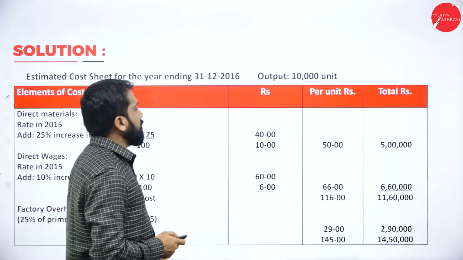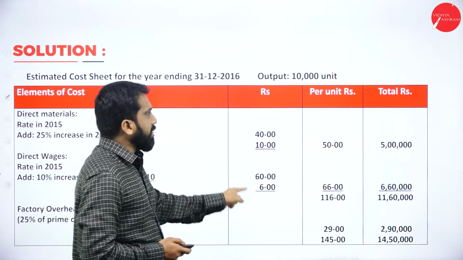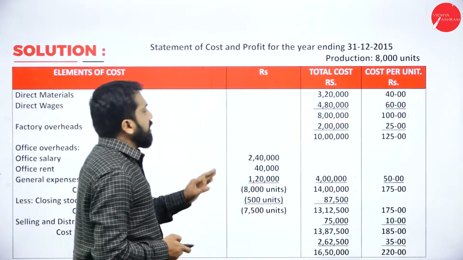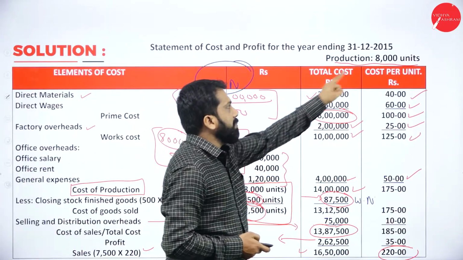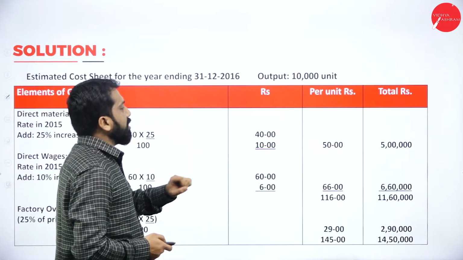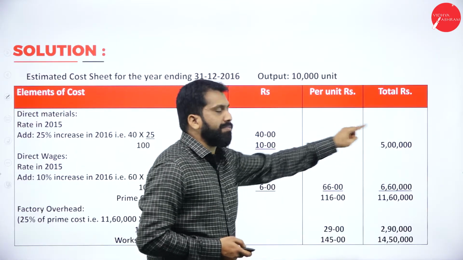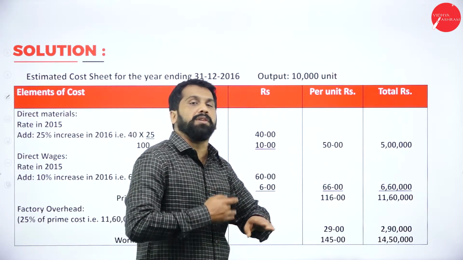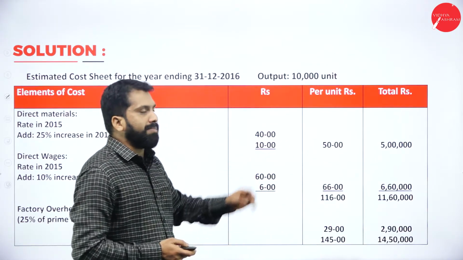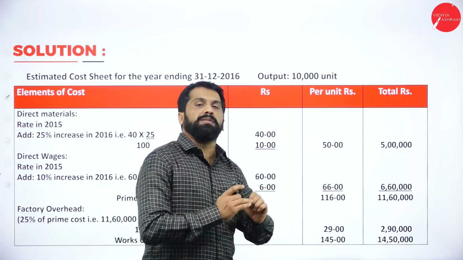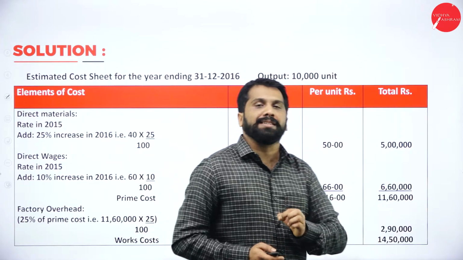But in this, first we will do cost per unit, later we'll go for total cost. Now, in the normal cost sheet, this amount will be divided by this, but in the quotation, this amount should be multiplied with this. We are not dividing, we are multiplying. We are going ulta. If you are going ulta, you have to go for multiplication. If you are going normal, you have to go for division.